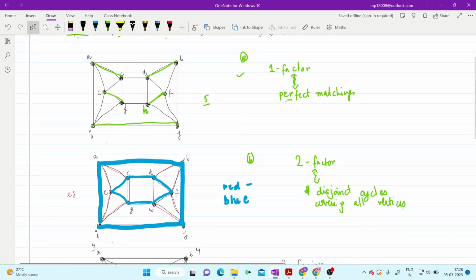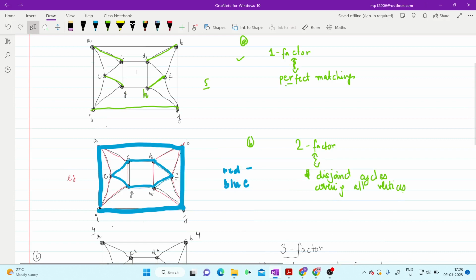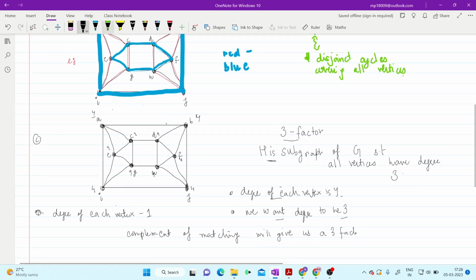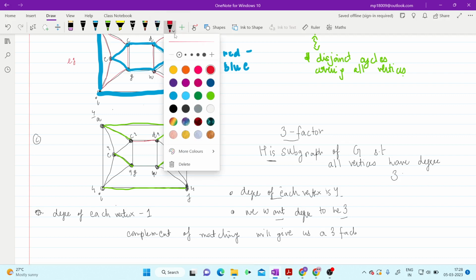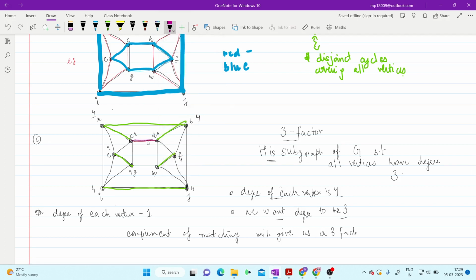So our matching was this. Now if we look at the complement of this perfect matching, this purple thing, we'll see that we have found a 3 factor.